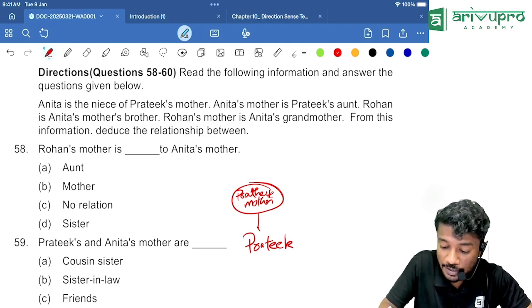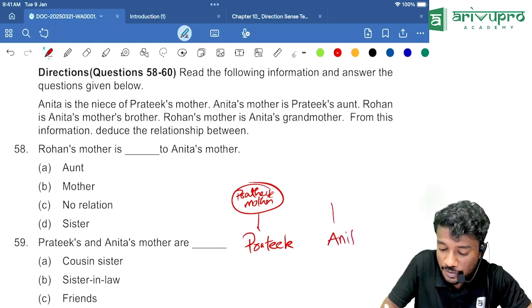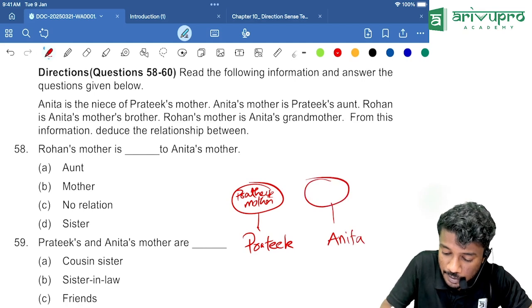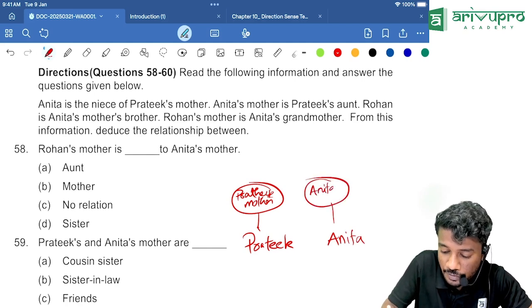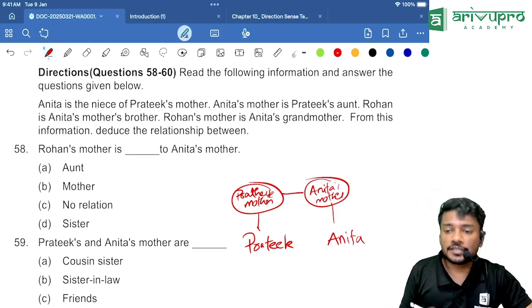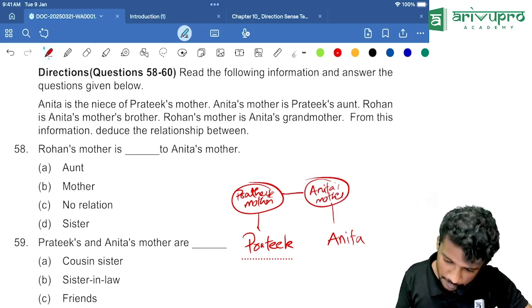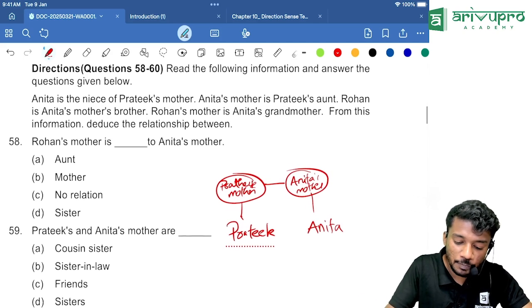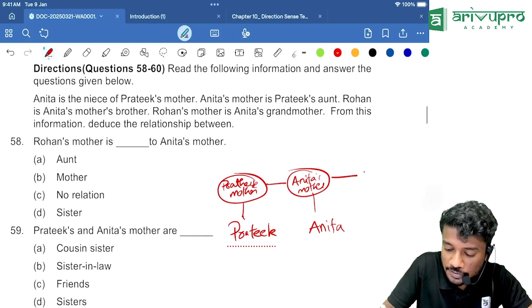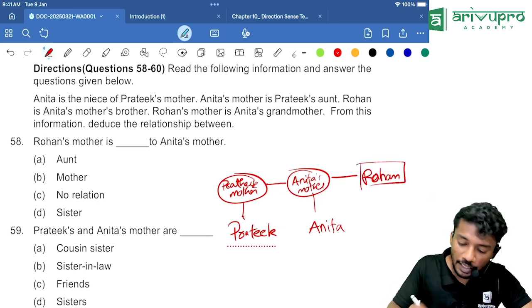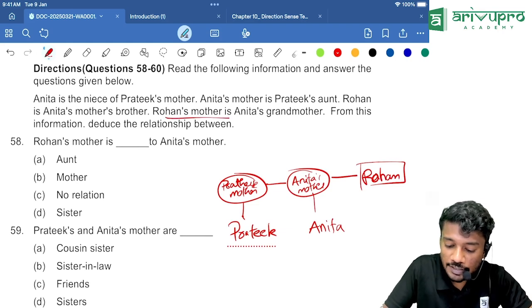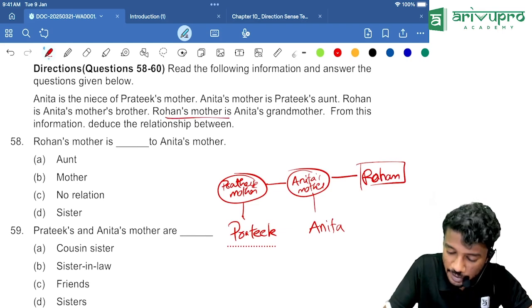What does that mean? If Anita's mother is there, then Pratik's mother will be the sister of Anita's mother. Then Rohan is Anita's mother's brother. That means Rohan will come over here and the gender is male. Rohan's mother is Anita's grandmother.